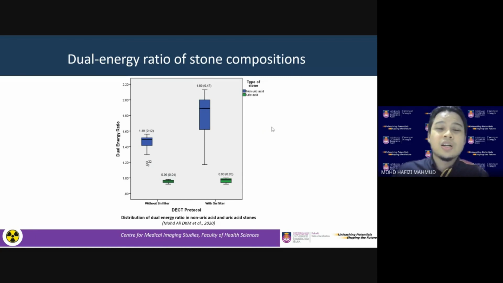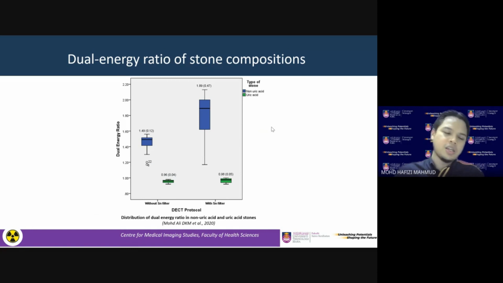So this is the result of the study. We have the dual energy ratio, the specific ratio used to indicate the ratio of low energy and high energy.